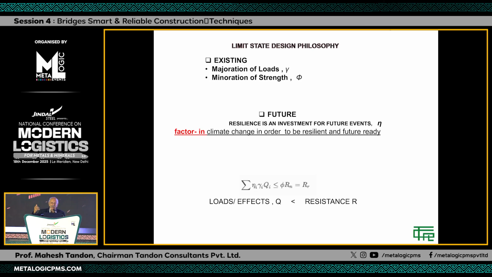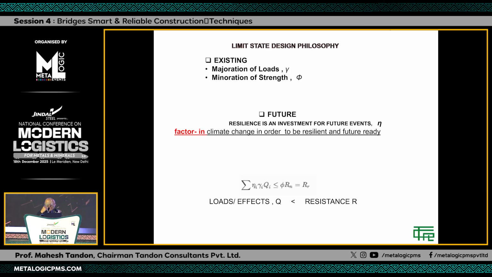Minoration of strength means that you may not get the same strength, although it is made in steel and in a factory, but still there can be variations in the quality of that steel. So you reduce the strength, you increase the load effects, because you may assume something, but it may be higher than that.